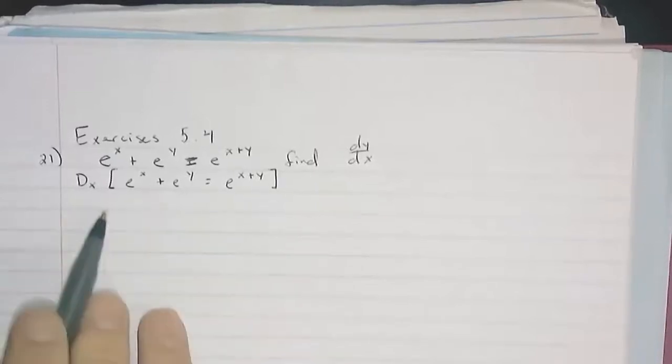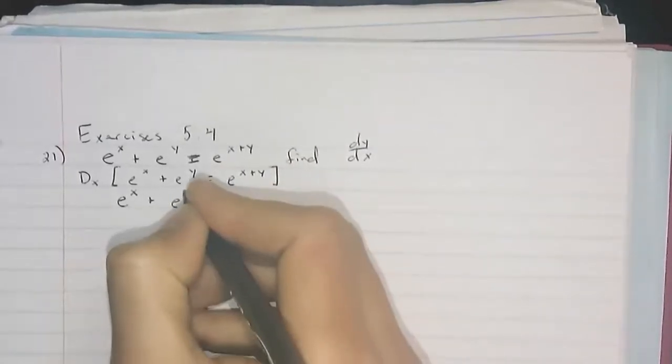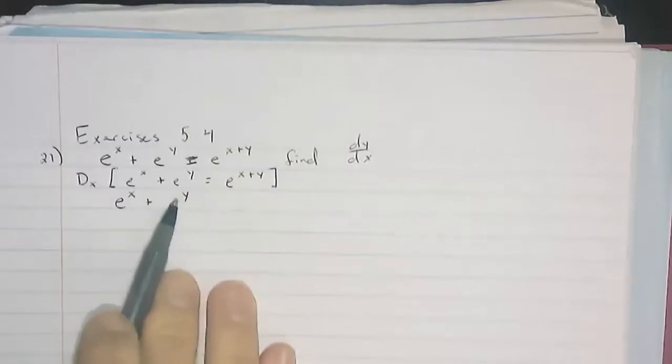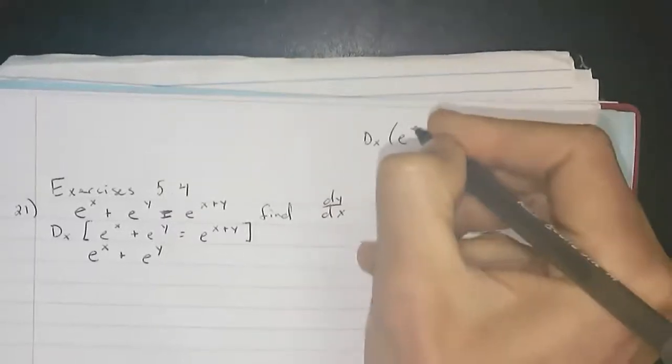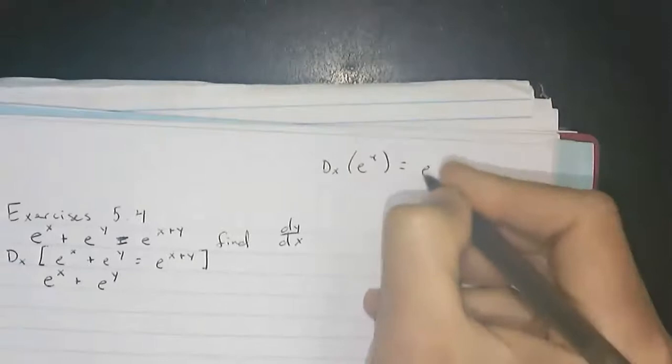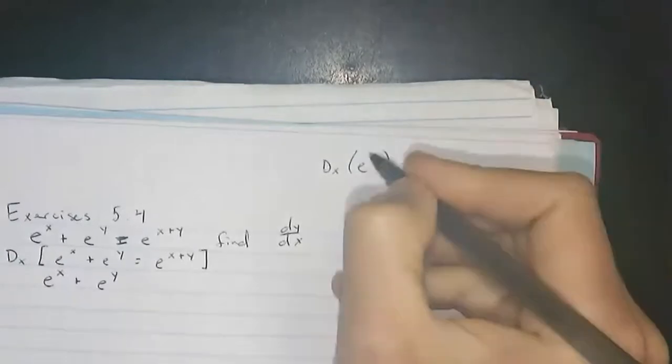So just going left to right, the derivative of the natural exponential function is itself. It's kind of bizarre. e to the x. Technically, yes, we differentiate the x here, but it's just one. So this is e to the x. For e to the y, we're going to get e to the y, but then remembering that the derivative of e to the u is e to the u times the derivative of whatever that u is.